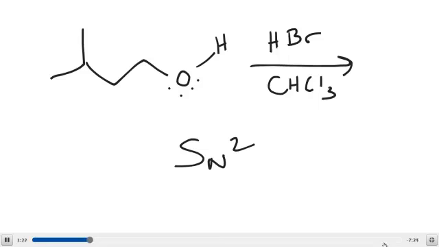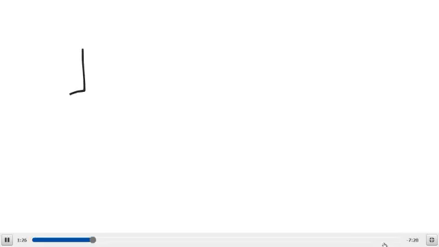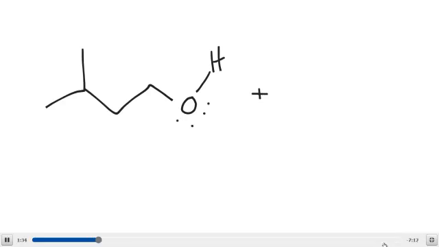You're going to notice some similarities and some differences. So again, I'm going to redraw that alcohol for us and add some HBr here. Now, just as I said with the SN1 mechanism, HBr is a very strong acid, and you can see this by looking at a pKa table, and if you need to, check it out.